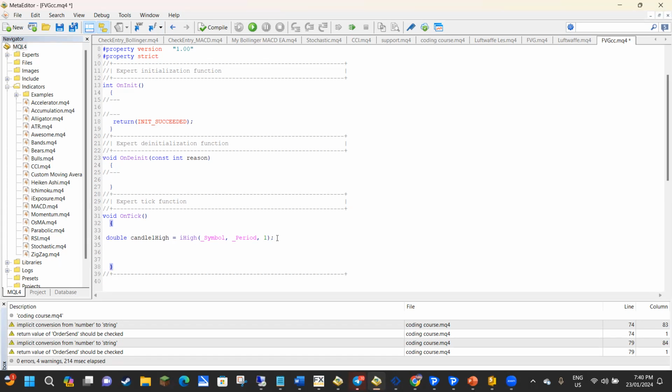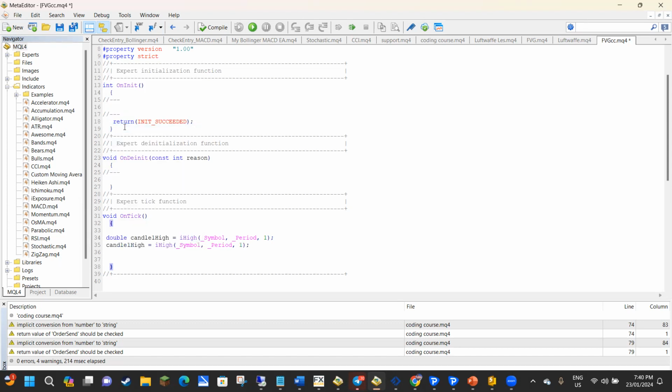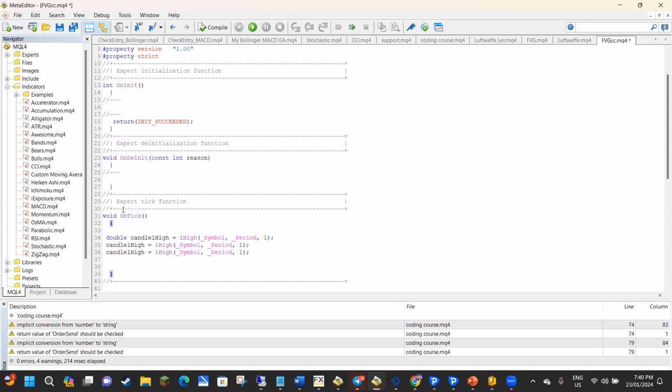So we said the fair value gap was a three candle pattern. So we're going to need to know about three different candles. And we'll call one candle 1 high, candle 2 high, and candle 3 high.